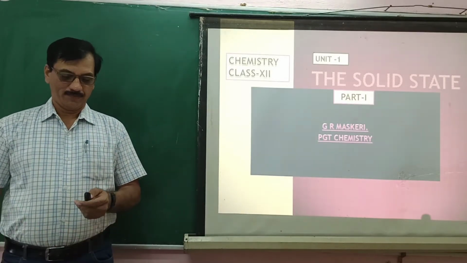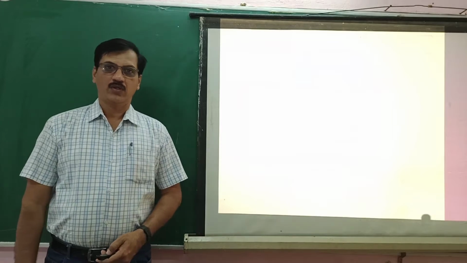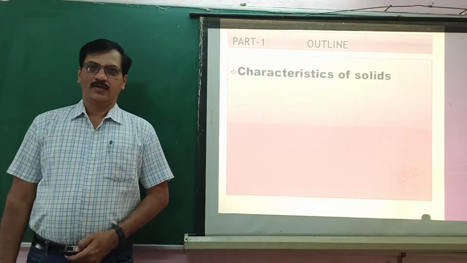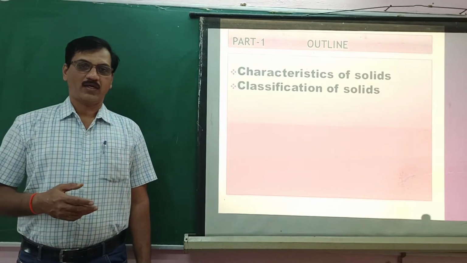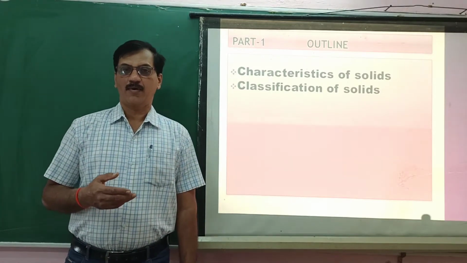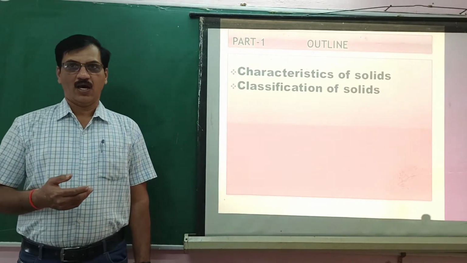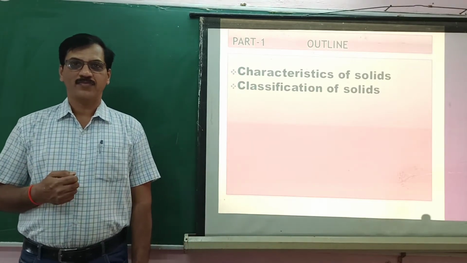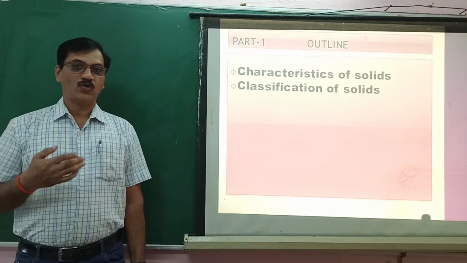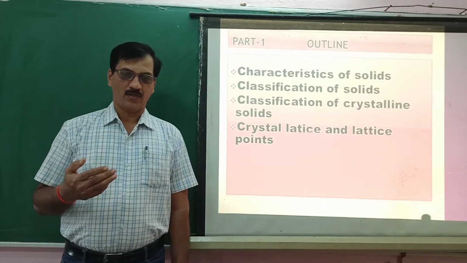In this chapter, we are going to know about the characteristics of solids, what the properties of solids are, how they are different from the other states, liquids and gases, and how to classify solids.